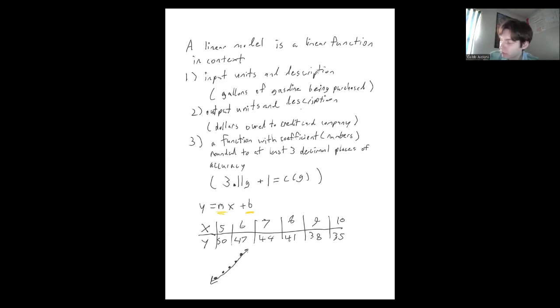Well, the slope is rise over run, the change in y over the change in x, which means I can take maybe this is x1 and this is x2, this is y1 and this is y2, and say that 47 minus 50 over 6 minus 5 should be my slope. 47 minus 50 is -3. 6 minus 5 is 1. So my slope is -3.